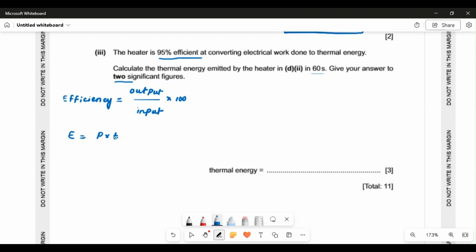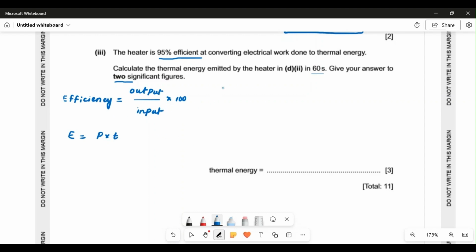Here we have two equations. First one is efficiency, and second one is power. So output power, I would like to calculate if efficiency is 95%.